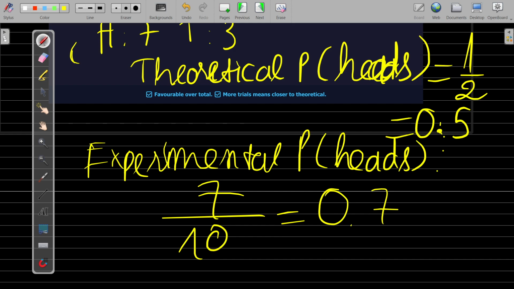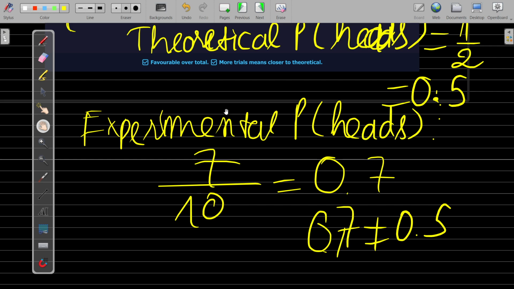So this is the actual probability, 7 over 10. Notice that 0.7 right here, everyone, doesn't actually match 0.5. It's much higher. In a small experiment, things like this happen. Getting 7 heads out of 10 is just a minor streak of luck.